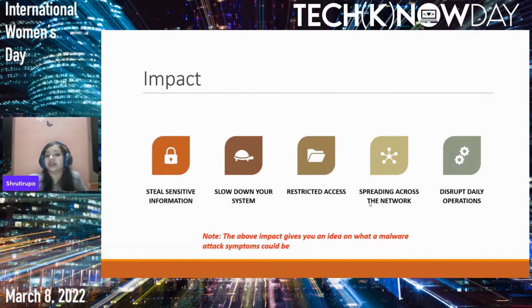Is your system really getting slow, or are you really performing that much work, or is it really affected by a virus? For example, you have 8 GB RAM in your Windows system, and the only thing you're doing is writing an article in a Word document, and you suddenly see that your system is hanging and a lot of activities are being performed.